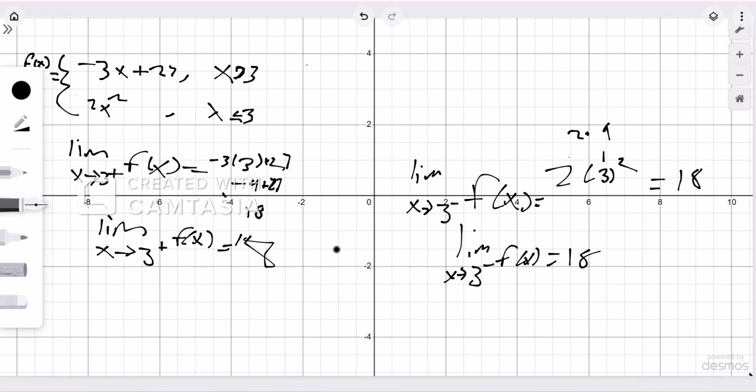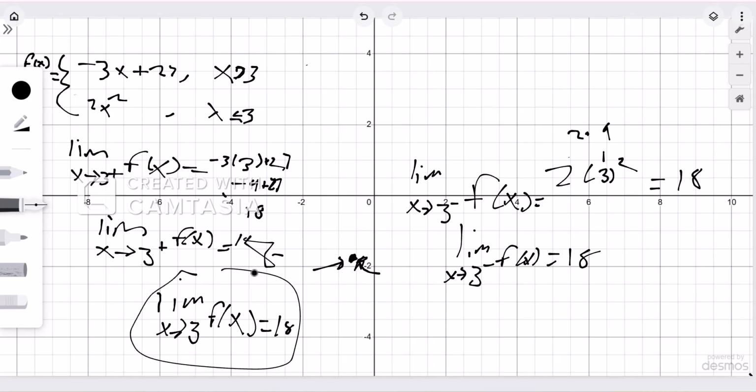So the left side is approaching 18 and the right side is also approaching 18. That means it's going to be continuous because both of the ends meet. We could also write that as the limit as x approaches 3 of f of x equals 18. So yep, it's continuous when x is at 3.